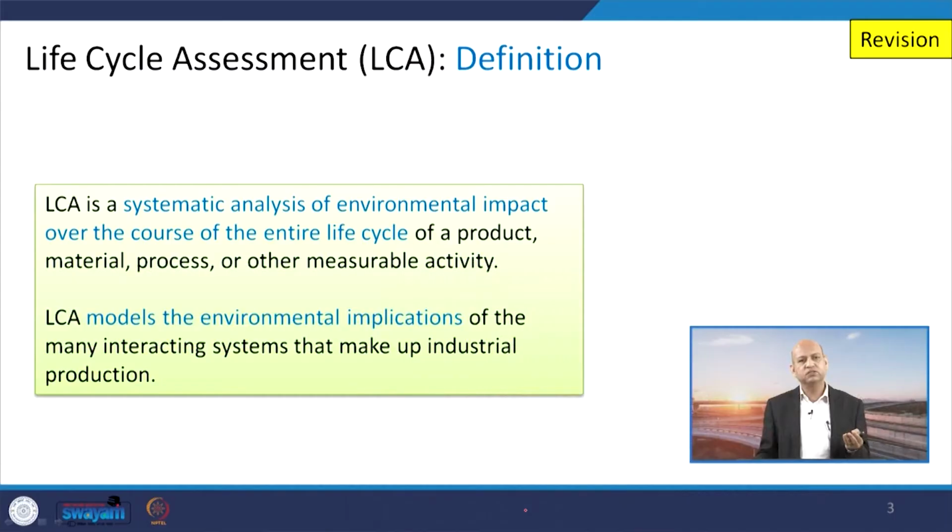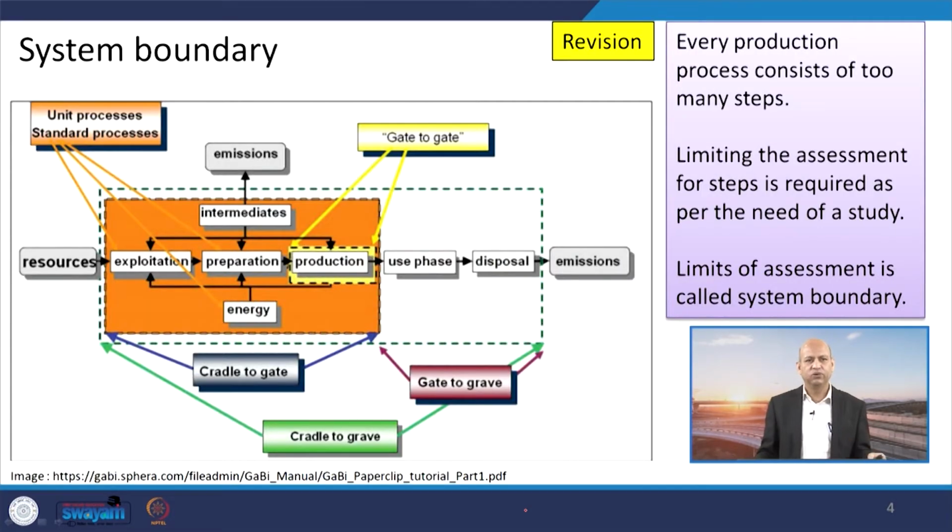Then there are LCA models, which are used for modeling the environmental implications of the many interactive systems which make up the complete process, like industrial production of a particular thing or its usage in the practical real world, all those things.